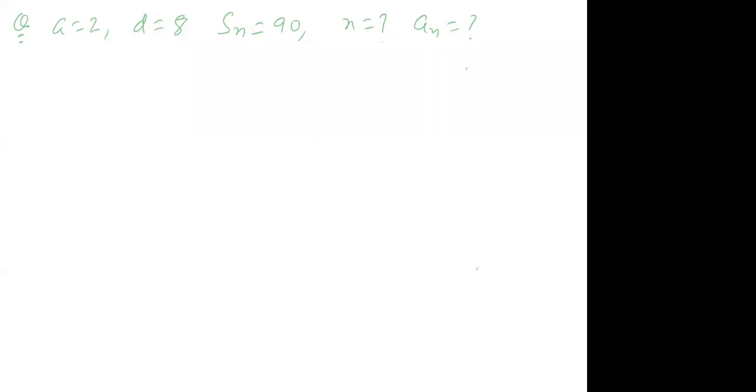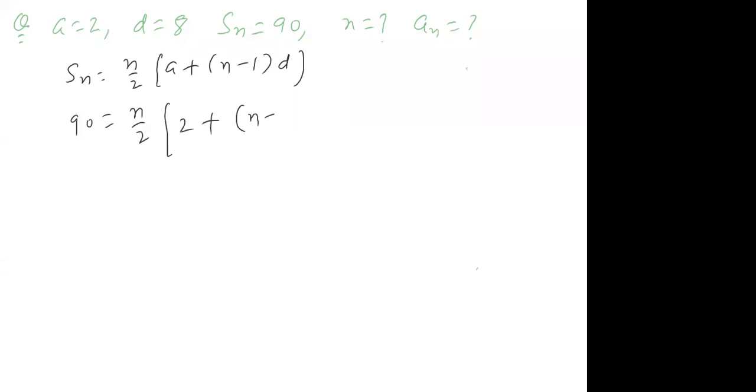So here Sn is equal to n upon 2 into 2a plus n minus 1 into d. Sn is 90. N upon 2, we don't know how much n is. A is given, 2, plus n minus 1 into d, which is 8. See, a is given, d is given.